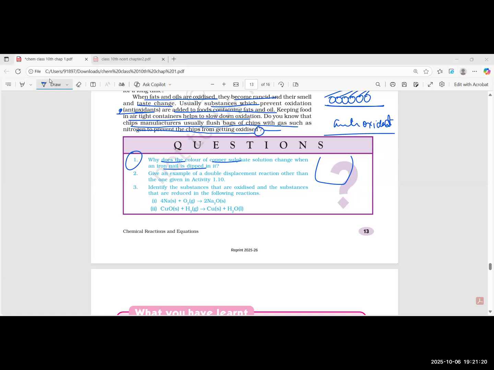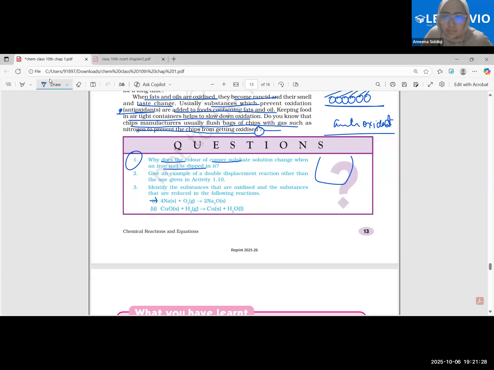First, the first one is oxidation because it's gaining oxygen. No reduction in the first part? Electron removal. See, sodium is very clearly undergoing oxidation.